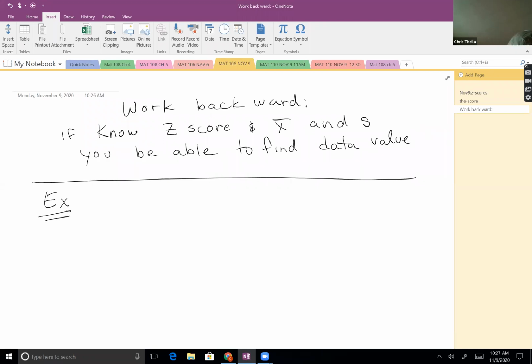So let's say if a man has a z-score of 1.3, how tall is he?